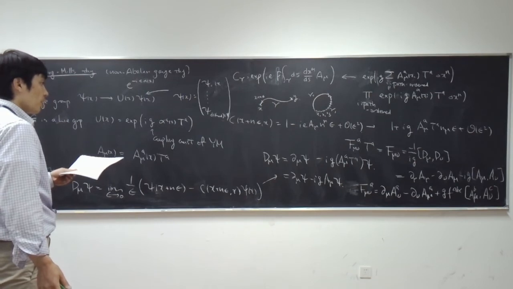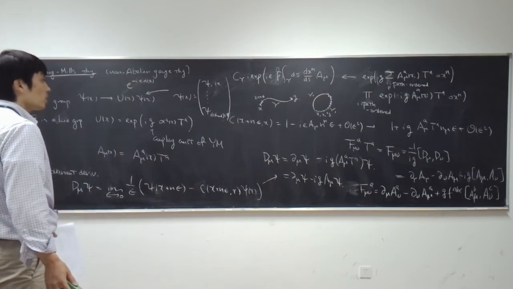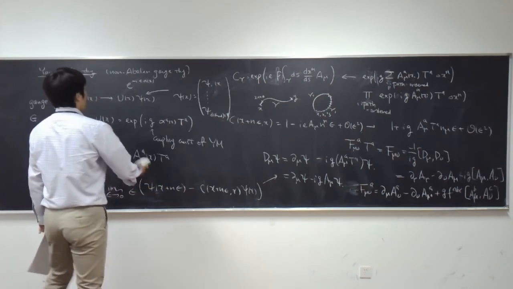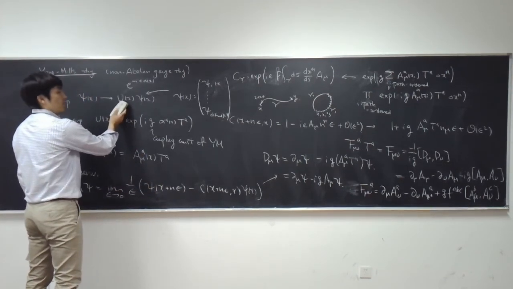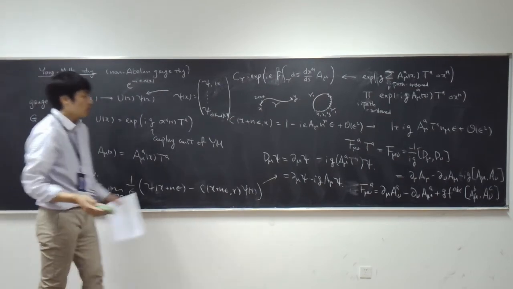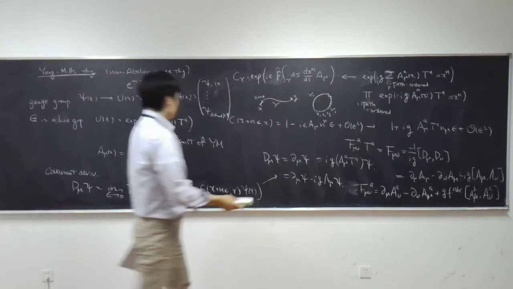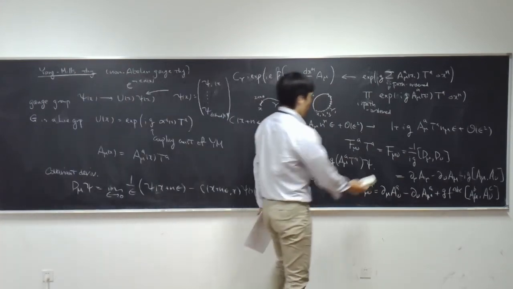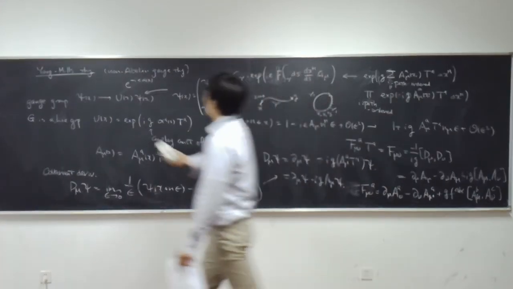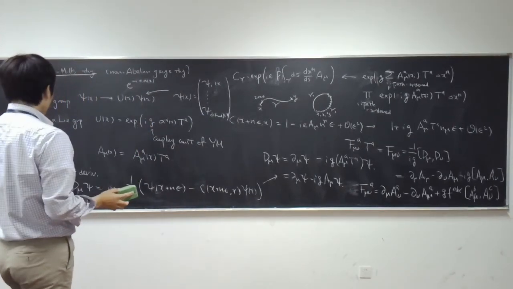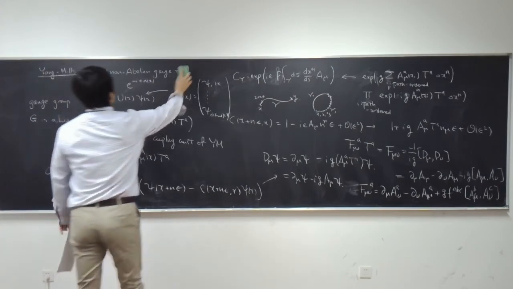Okay, and then we need to be careful about the gauge transformation. The gauge transformation is now also Lie group valued, so you have to be careful how the gauge field A mu and also F mu nu transform under this gauge transformation.